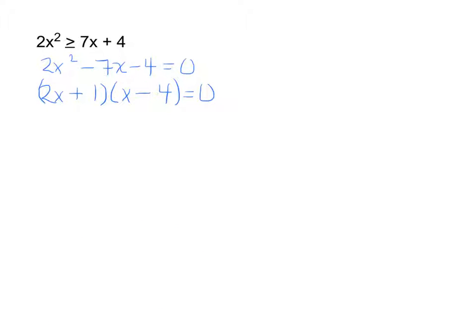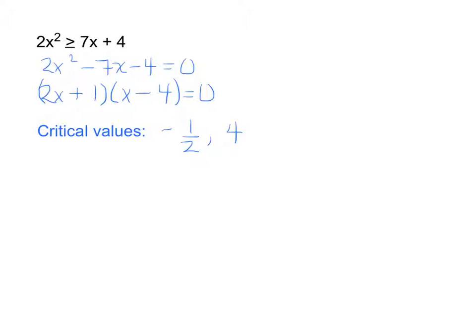So the first step is to solve the related equation. I moved the 7x and the 4 over to the other side, so they're negative, made it equal to 0 instead of greater than or equal to 0, and solve. We get solutions from that. These are, remember, the critical values of negative 1/2 and 4.